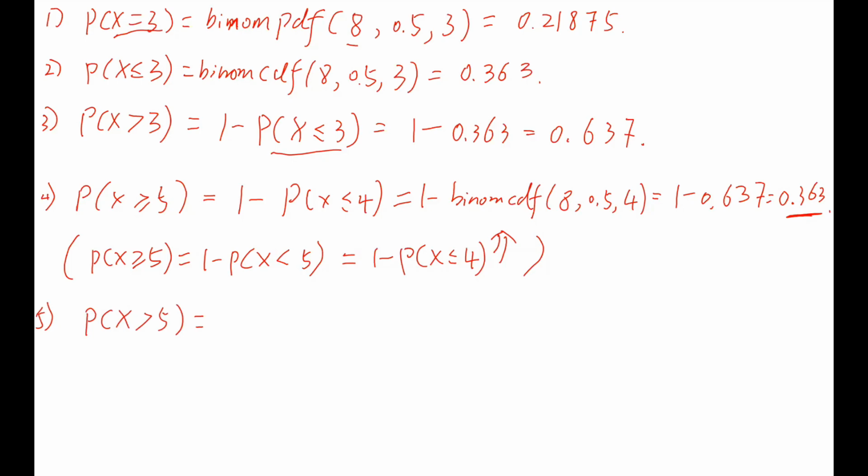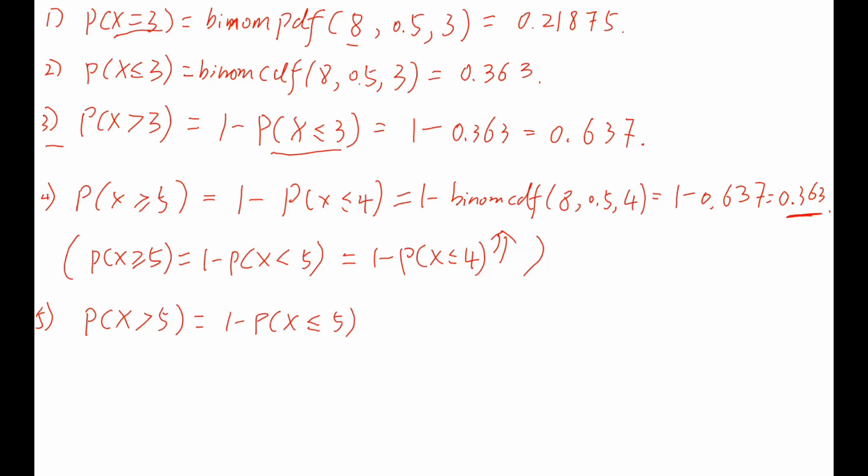So for this one, strictly greater than 5, this is similar to 3. It is 1 minus the probability for x less or equal than 5.